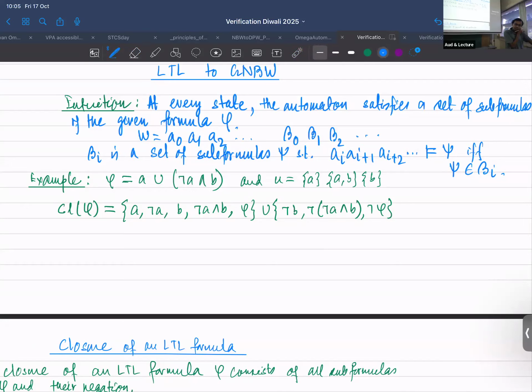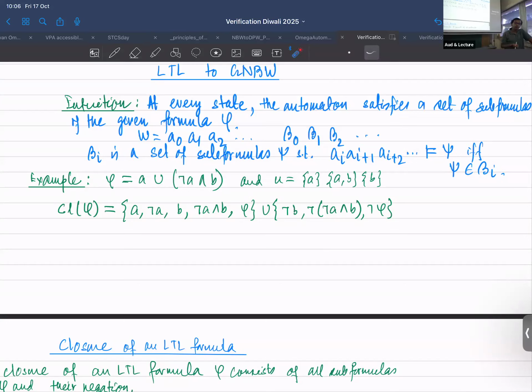And the run is an infinite sequence of states, and we are saying that the suffix starting from Ai, Ai plus 1, Ai plus 2 satisfies psi if and only if psi belongs to beta i.